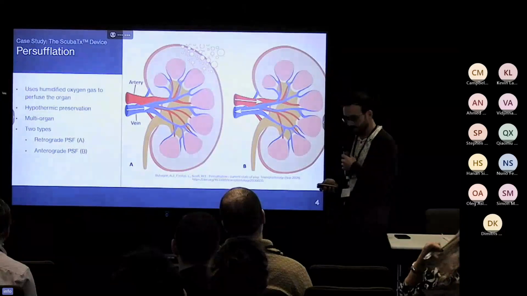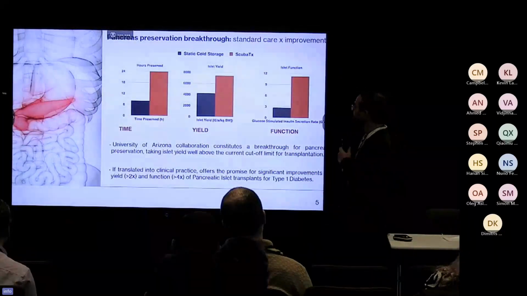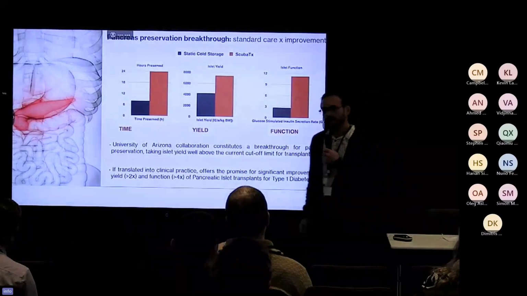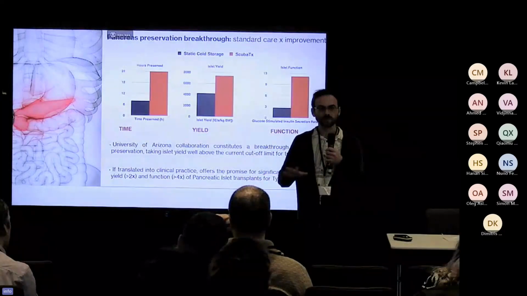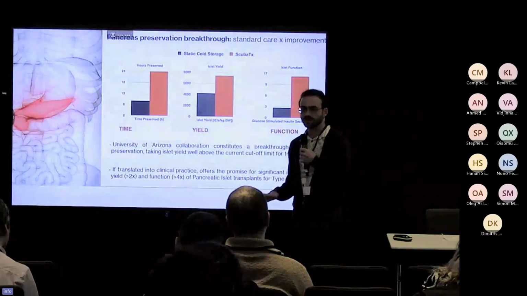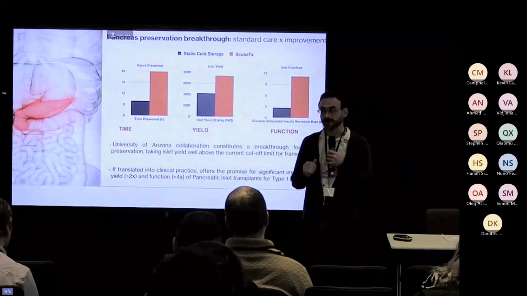So what we're doing is, to a certain extent, building a box. To give a concrete example, for pancreas, there is no machine in the world for pancreas preservation, right? Pancreas goes on an ice box. Pancreas is one of the most complicated organs because it digests itself as soon as you die. Therefore, the clock ticks very quickly.